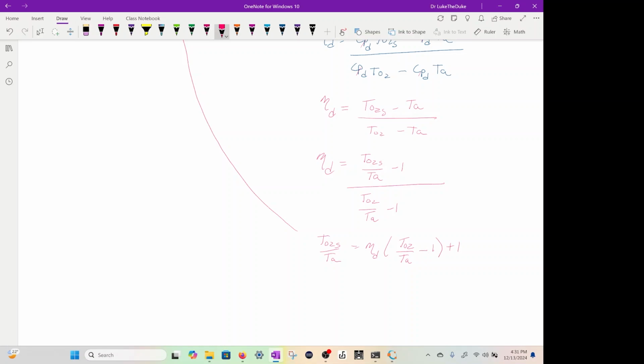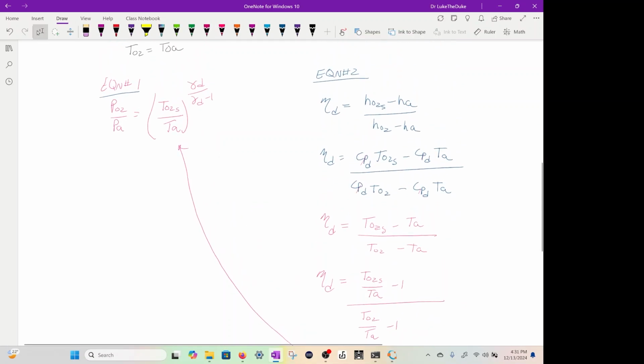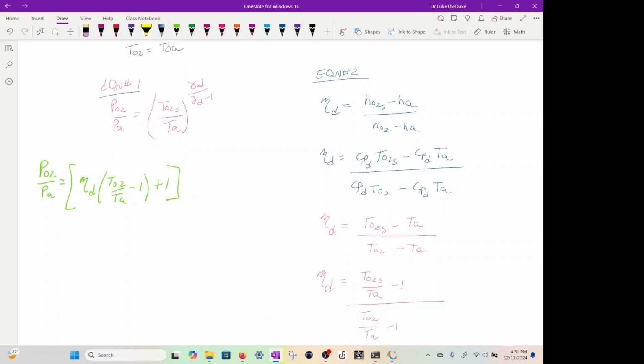So again, take this equation, we're going to plug it into here, and we end up getting P naught 2 over PA equals, now this is a big equation, eta D times T naught 2 over TA minus 1, plus 1, all raised to gamma D over gamma D minus 1. All right. Cool.